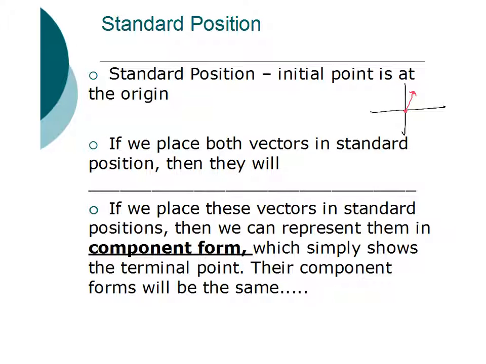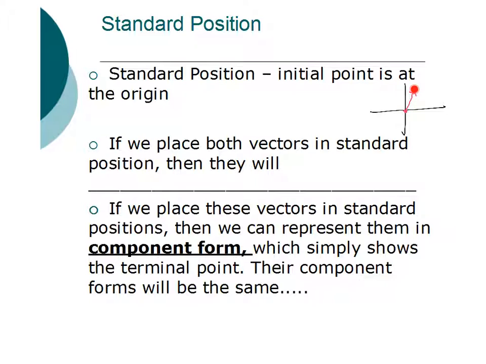Instead of just calling it vector u or vector v, we notate what this endpoint is right here. Or I say the endpoint, it's the terminal point. So if we place these vectors in standard positions, then we can represent them in what we call component form. The component form simply shows what that terminal point is where they end up.